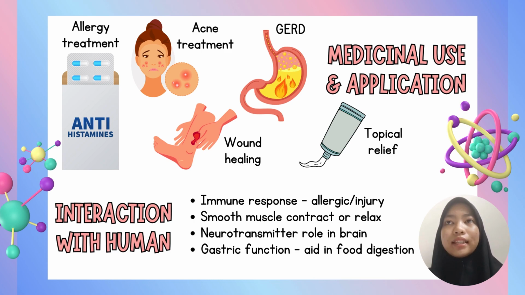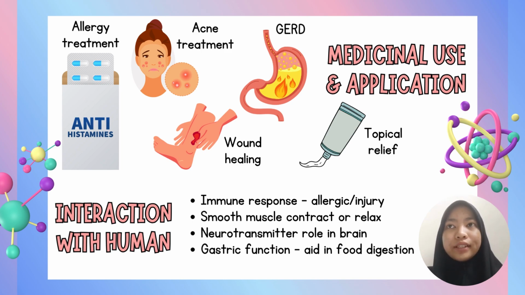Next, histamine may accelerate cutaneous wound healing by enhancing angiogenesis and facilitating the exudation of molecules required for optimal wound healing. Moreover, H2 receptor antagonists revolutionized the treatment of acid-related disease such as gastroesophageal reflux disease, where the stomach contents move up into the esophagus. The last one is topical relief, where histamine plays a role to temporarily relieve minor muscle and joint pain. However, there isn't much data on its effectiveness.